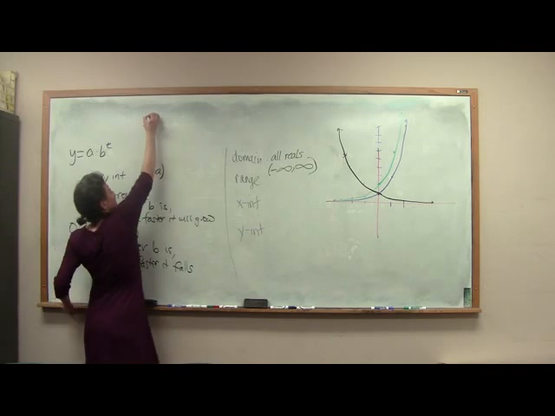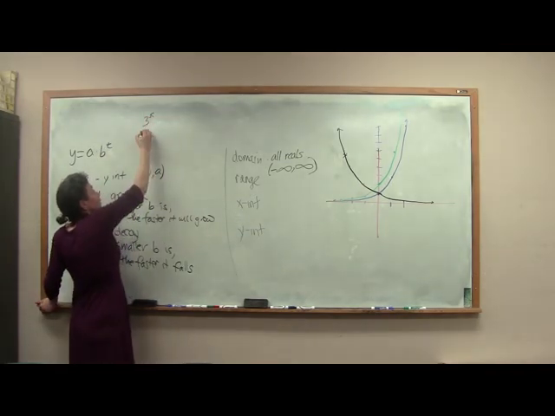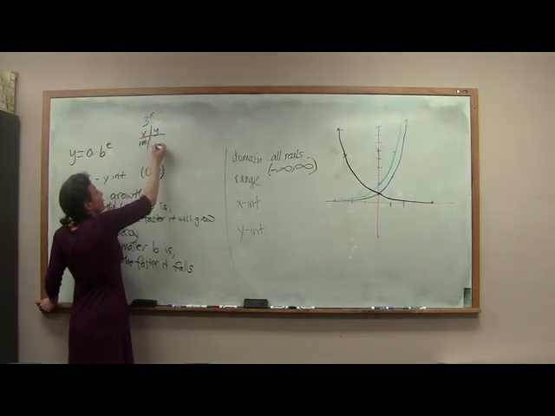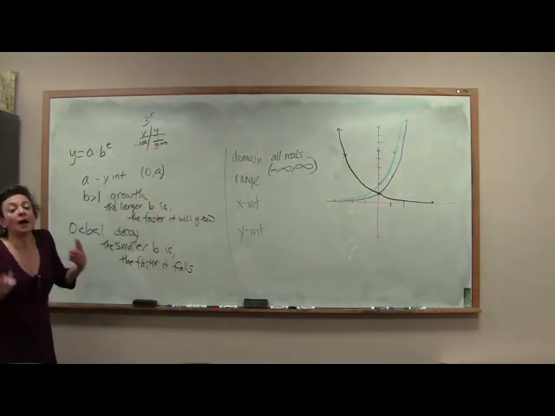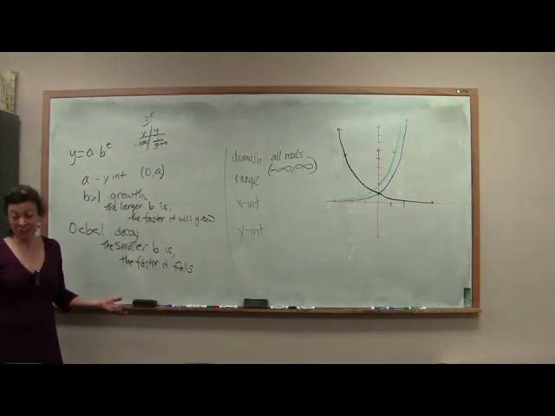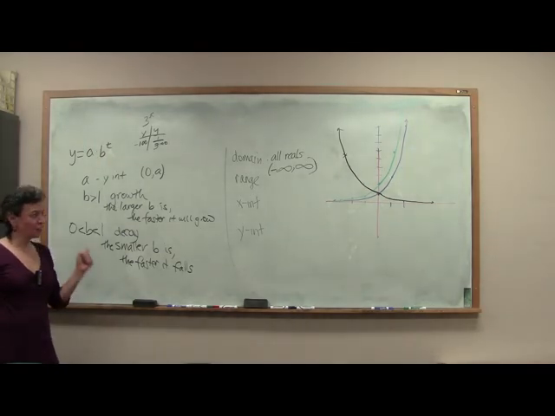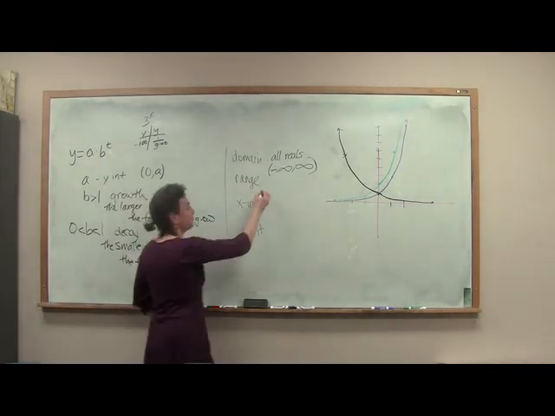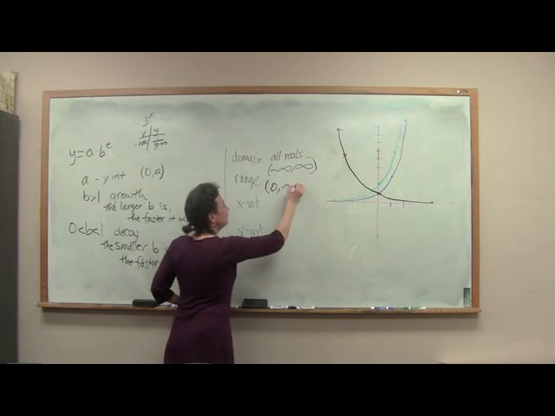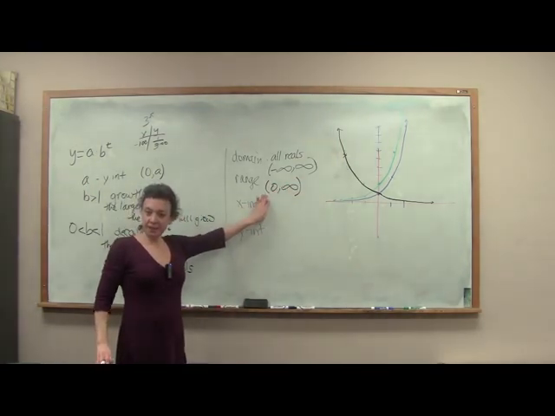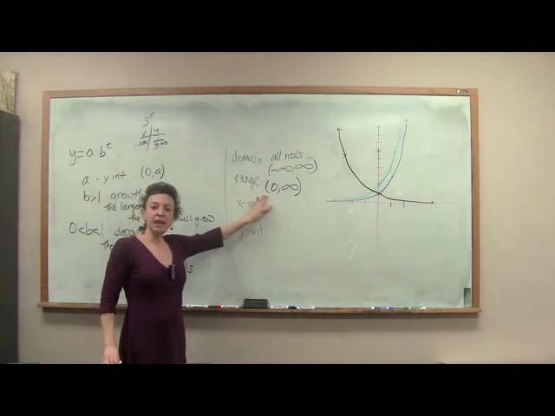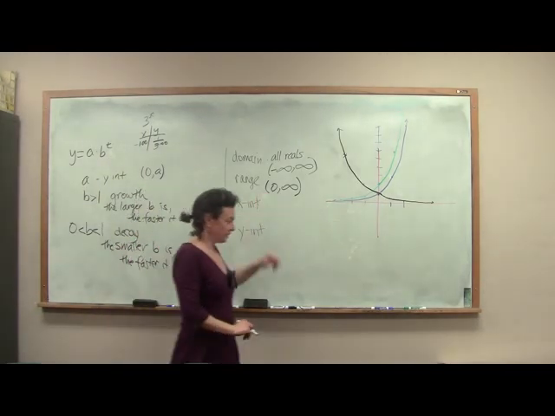I mean, for example, if we have 3 to the x power and we plug in x equals 100, or negative 100, I claim we have 1 over 3 to the 100th power. Well, that's essentially for all intents and purposes 0, but it's not actually ever equal to 0. So we say our range is from 0 to infinity. Notice I have a parenthesis next to my 0 because we never actually take on the value of 0.